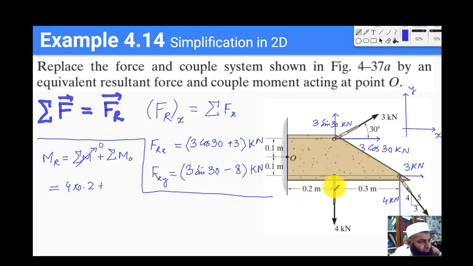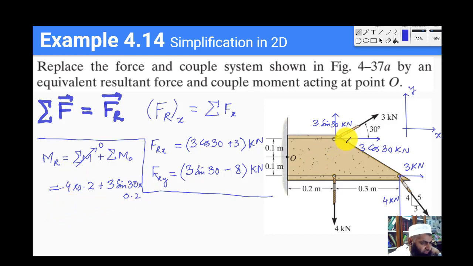This is going to produce a counterclockwise moment, so I'm going to add a negative sign. This is going to produce a clockwise moment, so that is a negative sign. This one is going to produce a counterclockwise moment, so we get 3 sin 30 again, and the perpendicular distance for this one is also 0.2. So these are two terms.